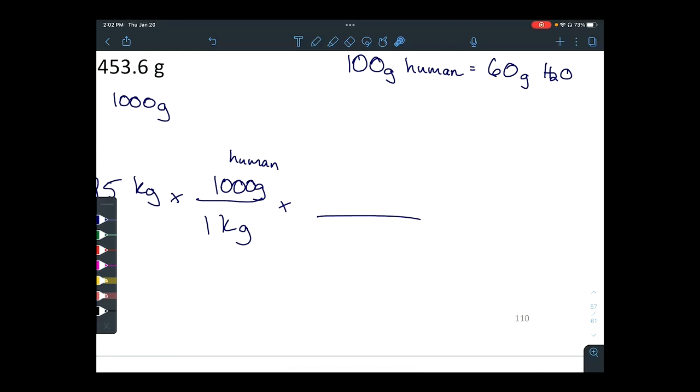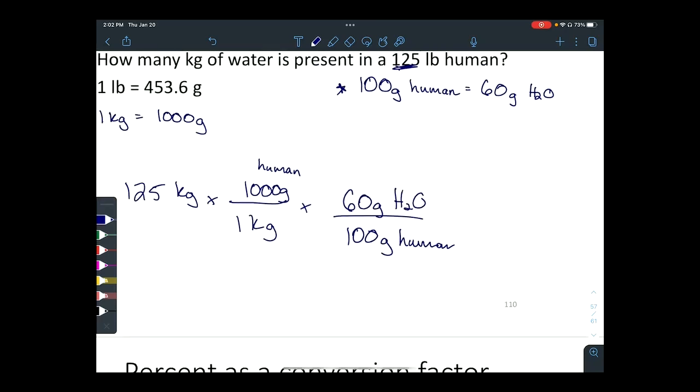We're putting it up top because I want to put the 100 grams of human on the bottom, because right now I'm in units of grams of human. So 100 is going on the bottom, human. Don't skip this percentage equality step. Don't ever skip equality steps, okay? Then we put grams of water up top.